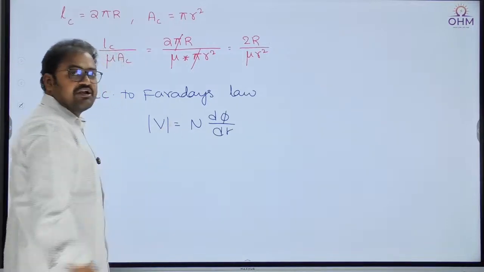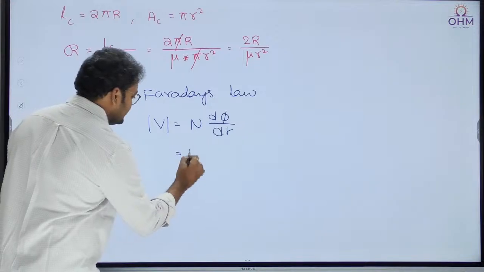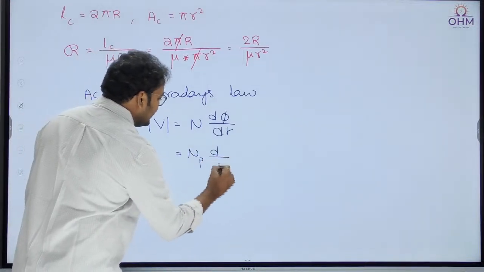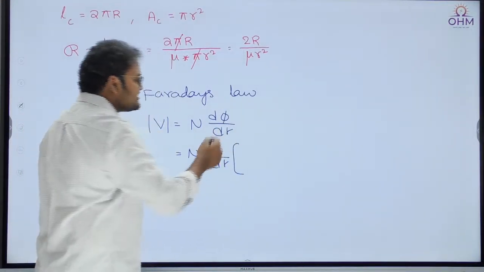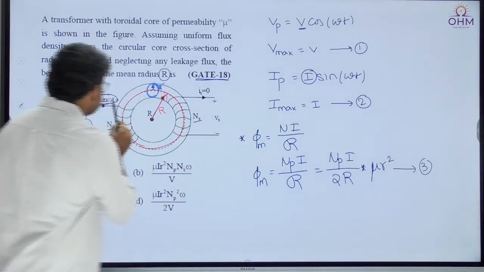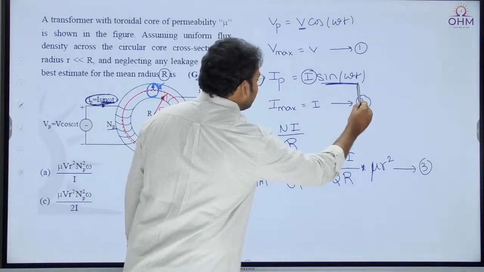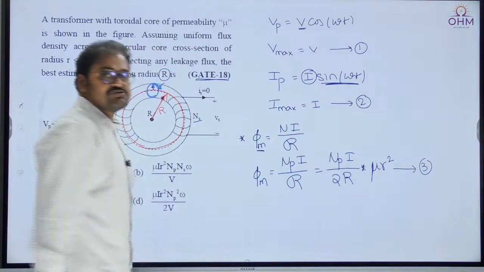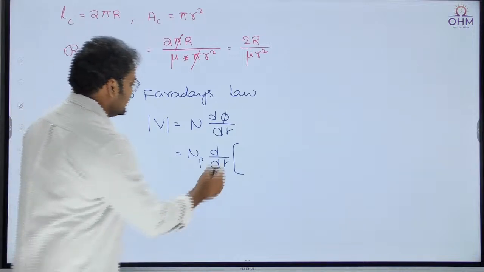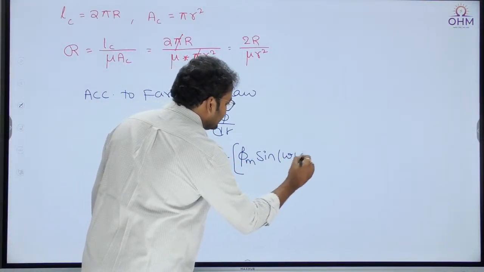Where N is nothing but number of turns, and how many number of turns are there? NP number of turns are there. NP into d by dt of phi. Can I write phi is a time varying flux or time invariant flux? Remember, the current is a sine omega t term. If current is a sine term, can I say flux is also going to be a sine term only? Yes. So phi is phi m sine omega t.